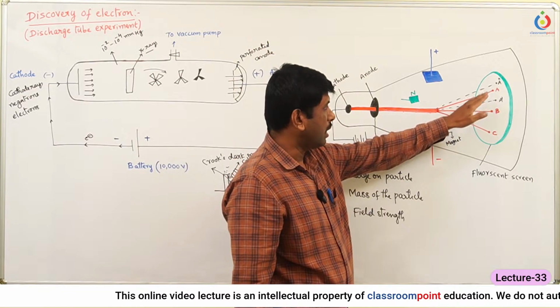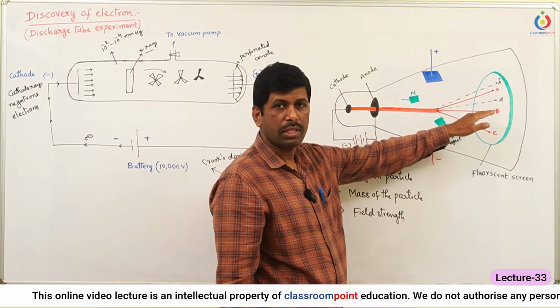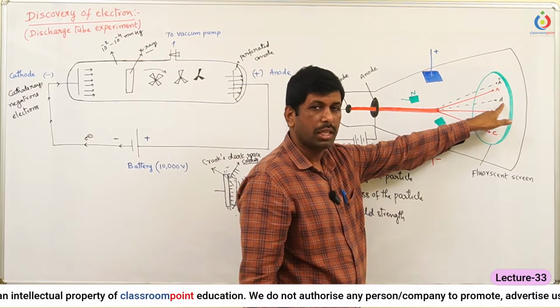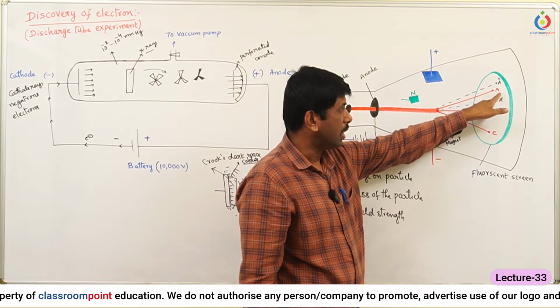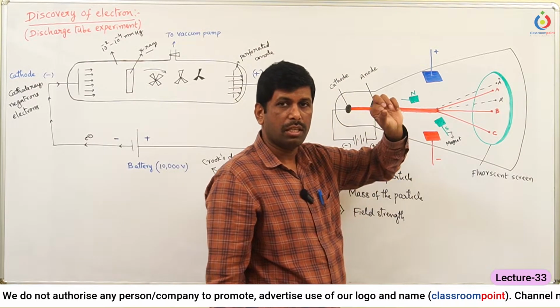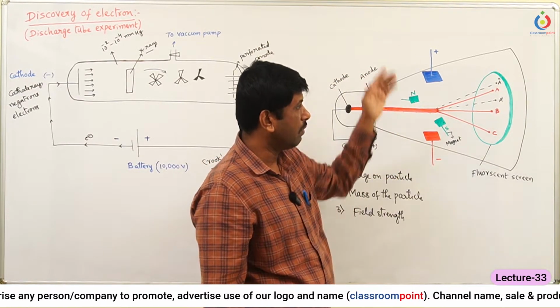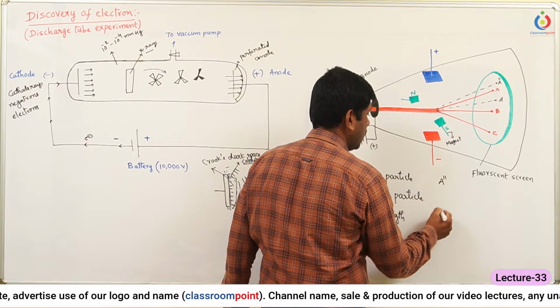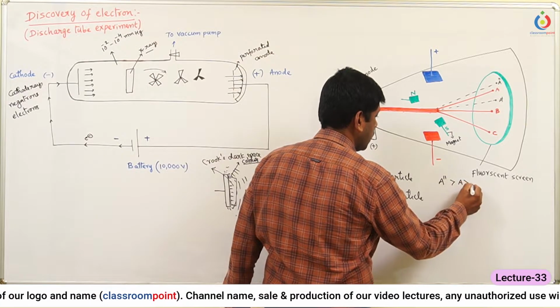When the charge of the particle increases, deviation increases. When the particle is here, its charge is less; the charge increases, and increases still further. That means when the charge on the particle increases, they move away from each other, so the charge on the particle is more at A double dash than at A dash.